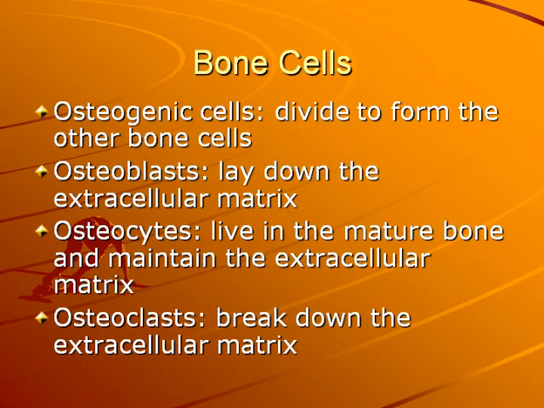Your osteoblasts are also known as your bone building cells. Think of blasts as bone builders. They actually lay down the extracellular matrix, meaning that they produce or synthesize the materials that form the matrix, like the collagen and the other proteins. Osteoblasts play a role in ossification and calcification, and you can read more about that in your book.